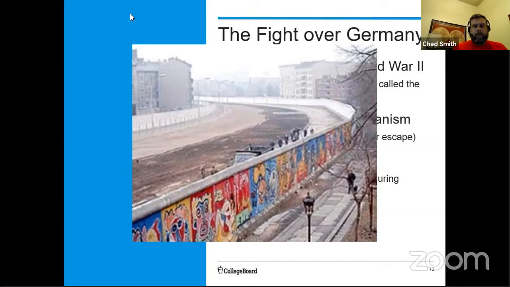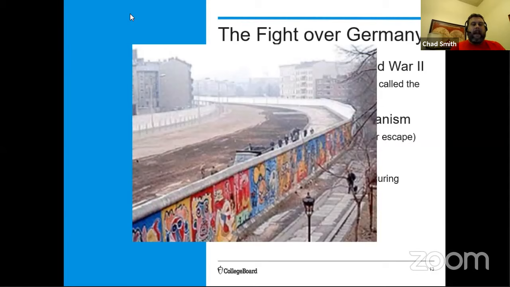Okay, so hopefully you're looking at the screen and you can see that on the right side is Western Berlin, the American occupied democratic capitalist part of Germany. And on the left side is Eastern Berlin, the Soviet Union occupied communist totalitarian part of Germany.